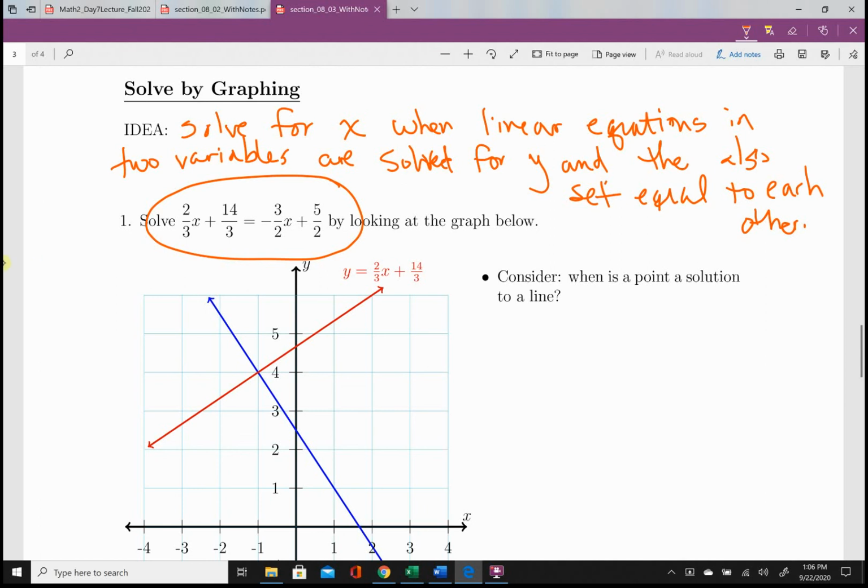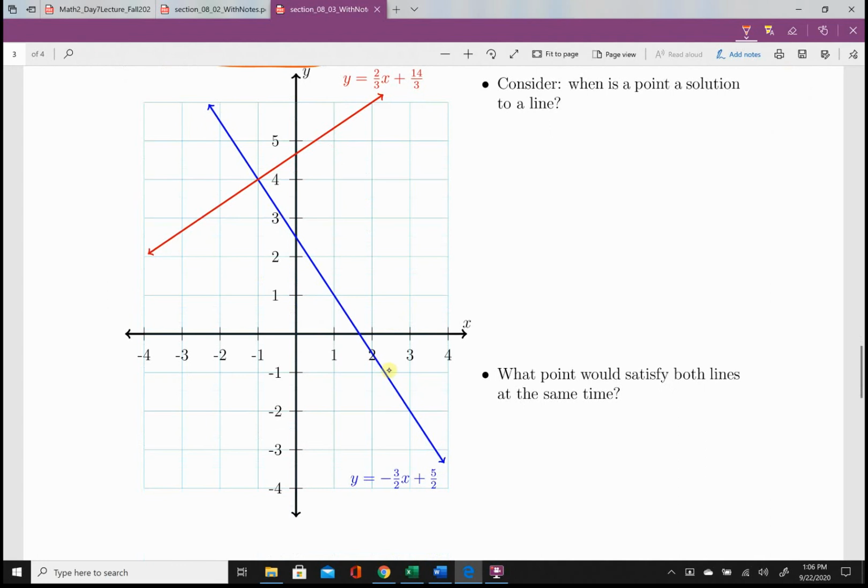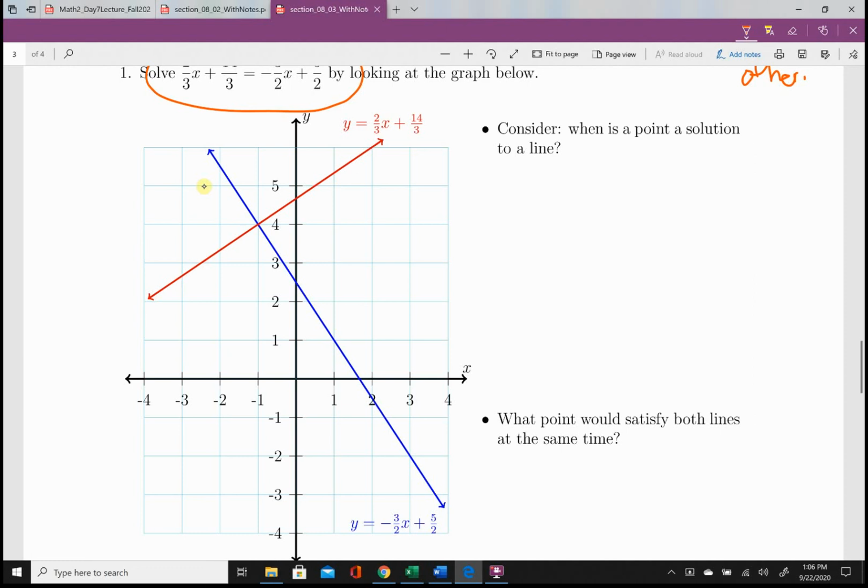Okay, so notice that these 2 equations, y equals 2/3 x plus 14/3, that's the red trajectory here. And then the other equation, y equals -3/2 x plus 5/2, okay? So they are graphed on the same coordinate plane, and notice that they're both solved for y, right? It's y equals blah-de-blah, and y equals this other blah-de-blah.